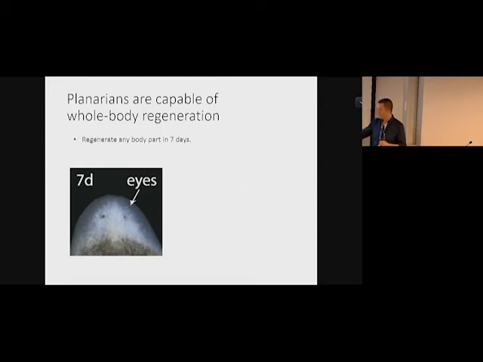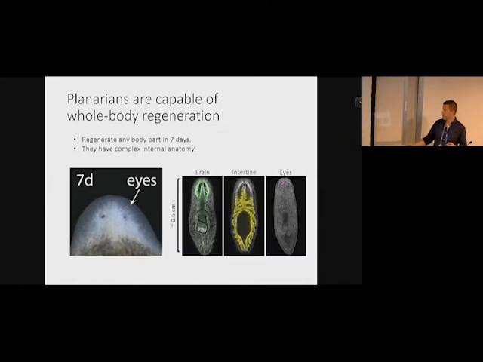By day 7, there are already eyes, and if we use some kind of a technique like whole mount in situ hybridization, shown here, we can identify the regenerated organ. So, for example, we can identify here, labeled in green, I think it's synapsin, labeling the newly formed brain. You can see here the intestine. You can see eyes, and of course we can see many other organ systems. So it captures a lot of the complexity that we have in the process of regeneration.